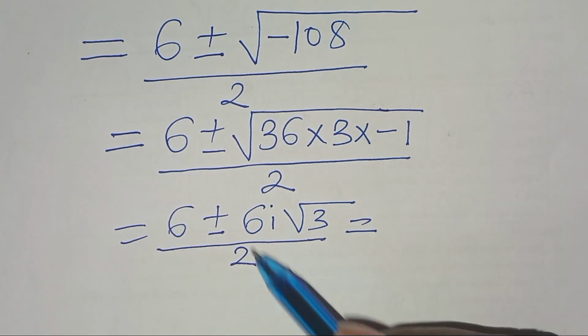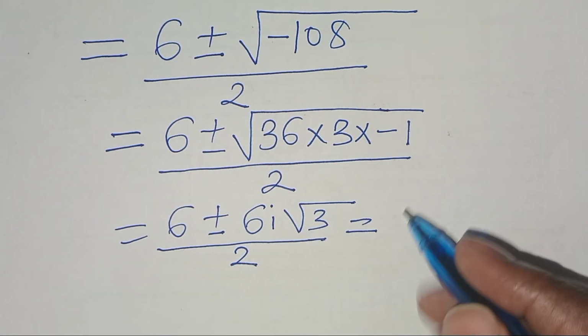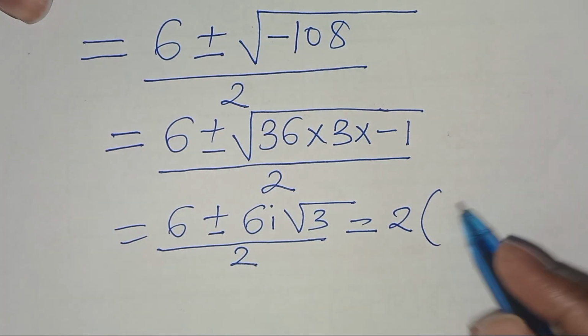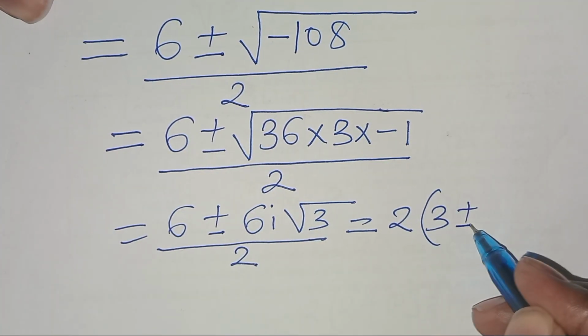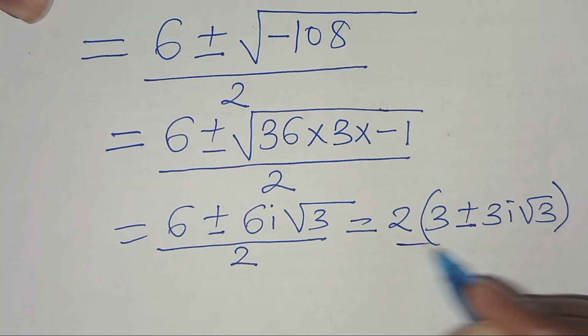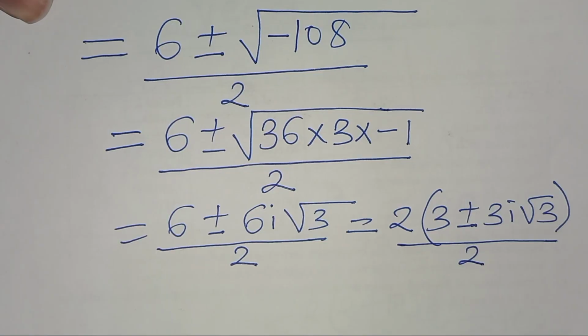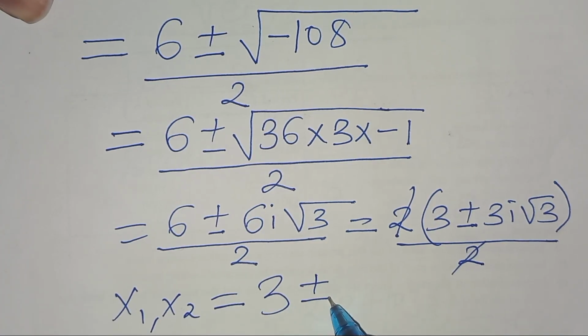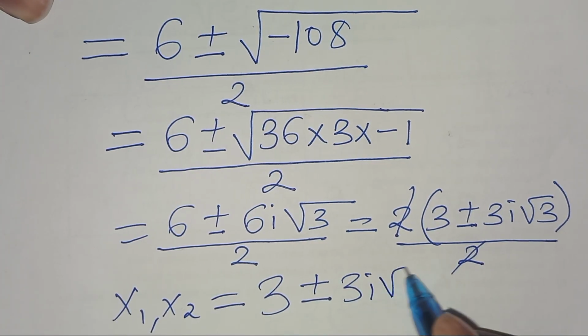As you can see here, we can factor out 2, so that we'll have 3 plus or minus 3i square root of 3, all this divided by 2. So let's simplify here, so that x1, x2 is equal to 3 plus or minus 3i square root of 3.